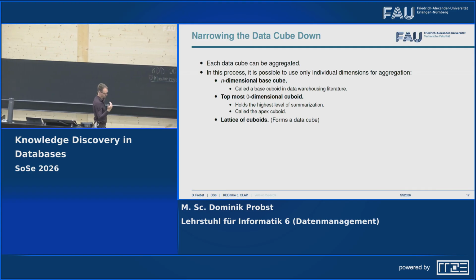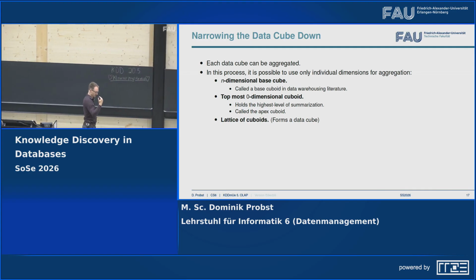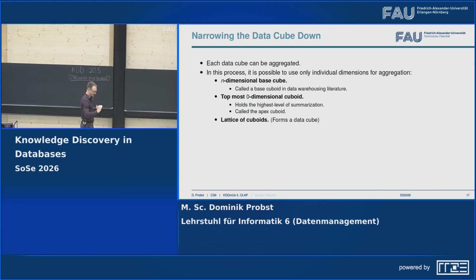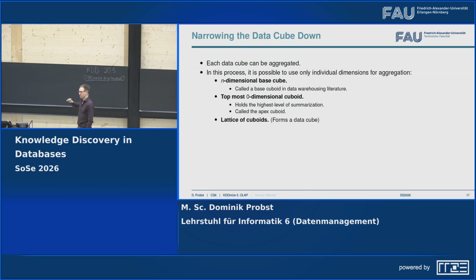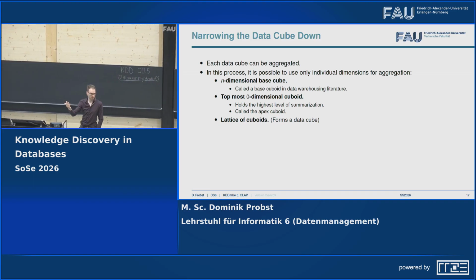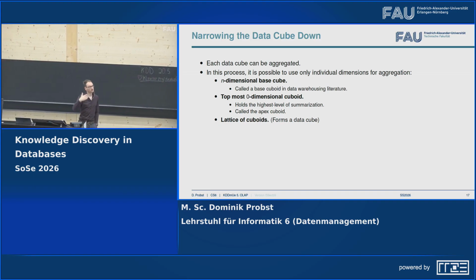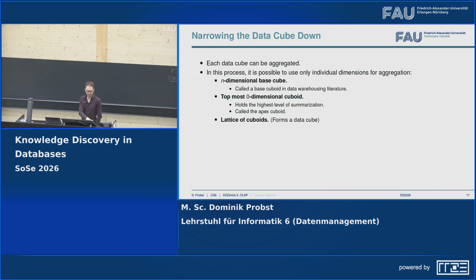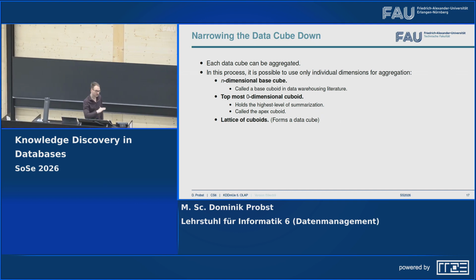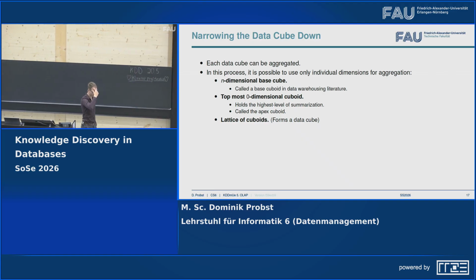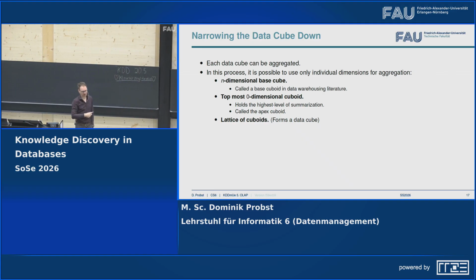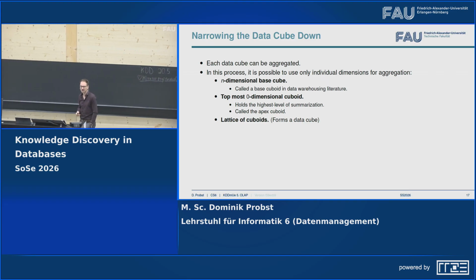We can, in a data cube, go into finer granularities. We can also go into coarser granularities. If we are going from weeks to years, we aggregate more things. The whole narrowing the cube down and putting it into a coarser granularity can be also displayed as so-called cuboids.